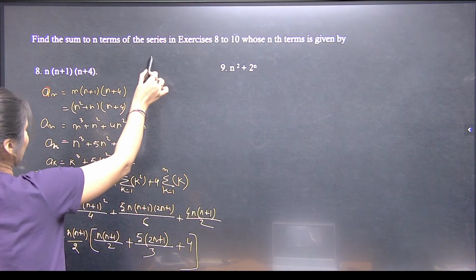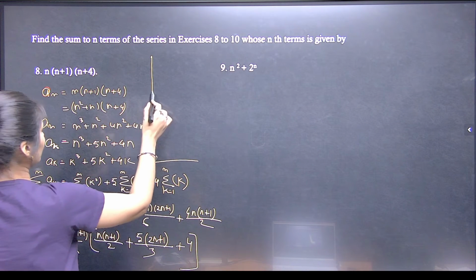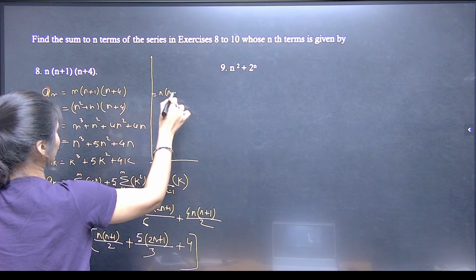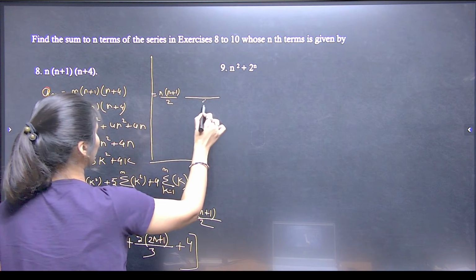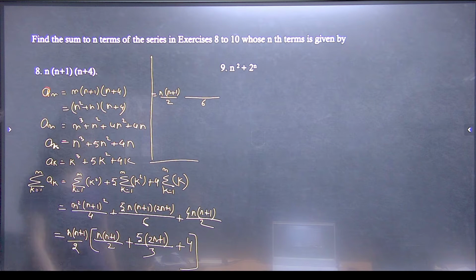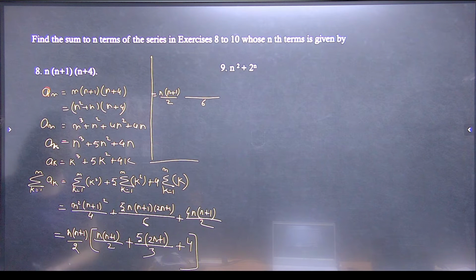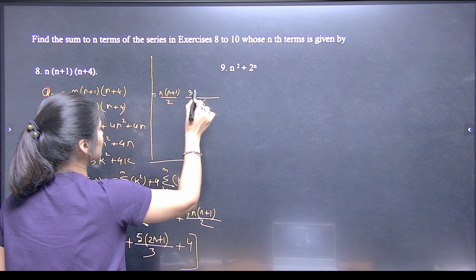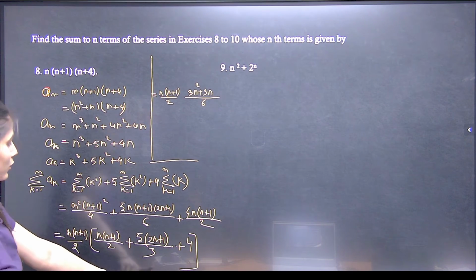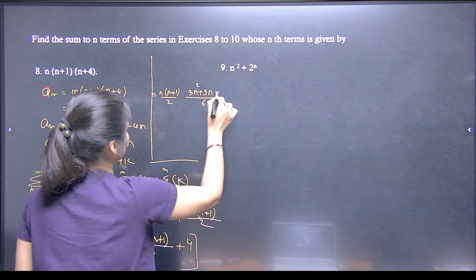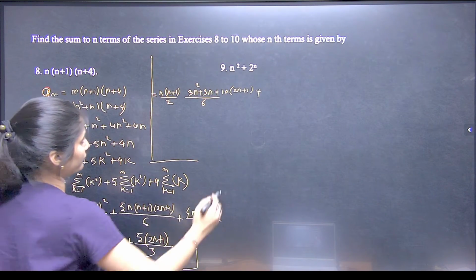What it will give, I'm solving it here. So it is n(n plus 1) by 2. Now if I take LCM, it is 6 at the denominator, and we have 3 into this, so it is 3n square plus 3n, and then we have 10 into (2n plus 1), and then we have 24.